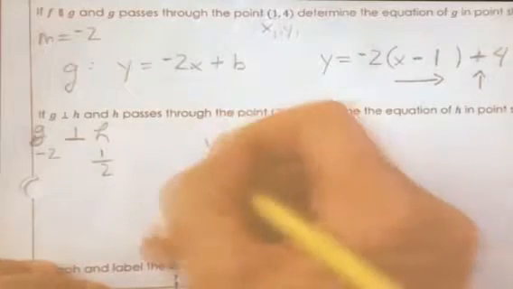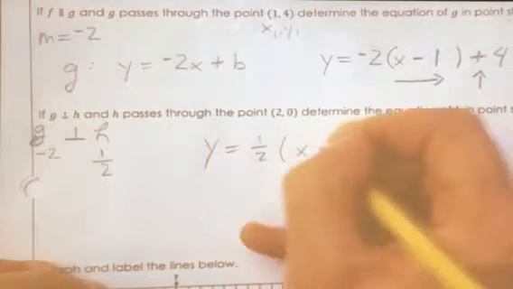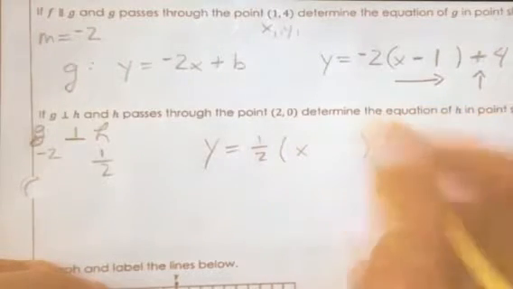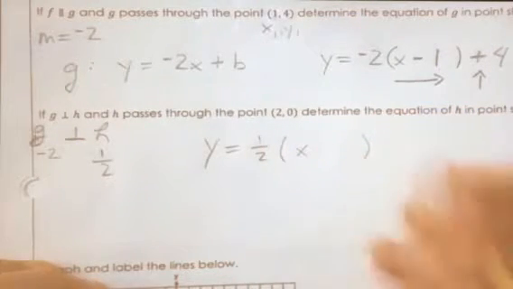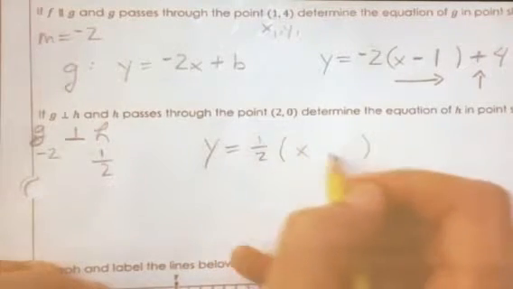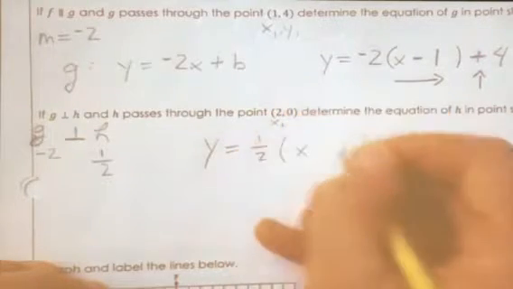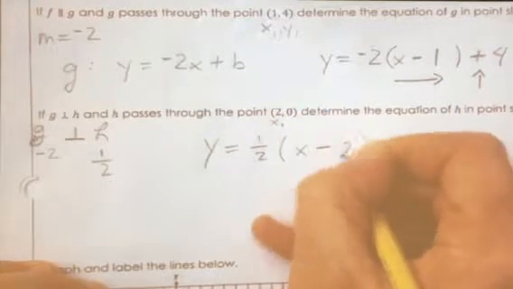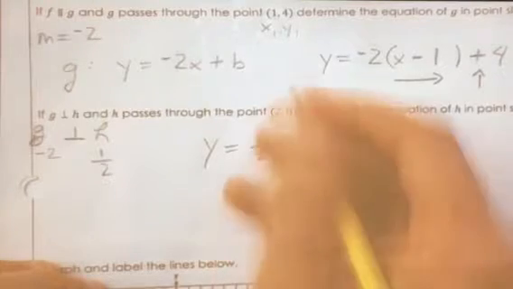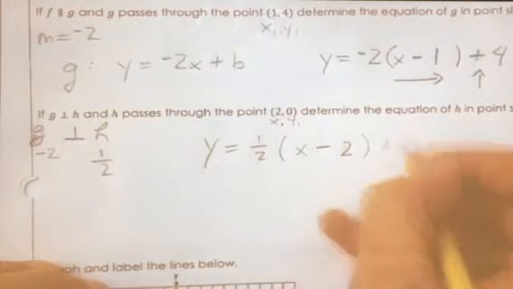Okay, so again, we have y equals 1/2 times x minus x1, and then plus y1. So here, my x1 is x equal 2. So that's x minus 2. And then my y1 equals 0. So that would be like plus 0.